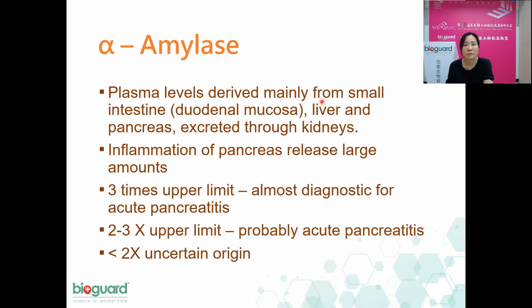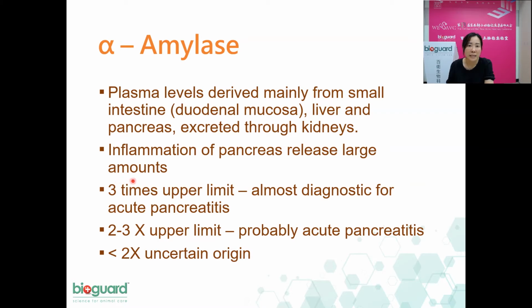However, it is also produced in the small intestine, duodenal mucosa, and liver. So when we detect an elevation of this enzyme, it may show signs of pancreatic injury, but we cannot rule out problems from the small intestine or liver. Also, because this enzyme is excreted through the kidney, kidney problems will also result in elevation of alpha amylase.